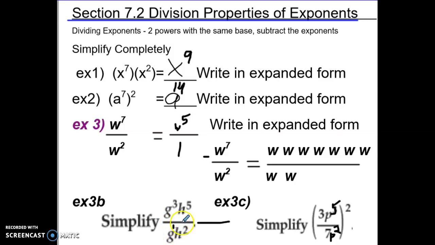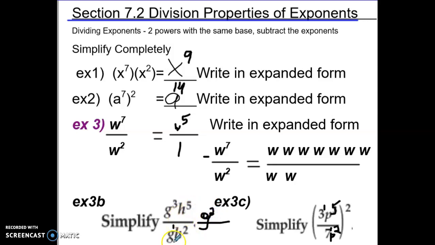Notice I wrote in g to the 1st. Every single variable, exponent, anything that doesn't have an exponent, you can write in a 1, and you should. So even the 7 has a 1. The g didn't have a 1, I wrote it in, g to the 3rd. We're going to go over this, g to the 3rd over g to the 1st is g to the 2nd.